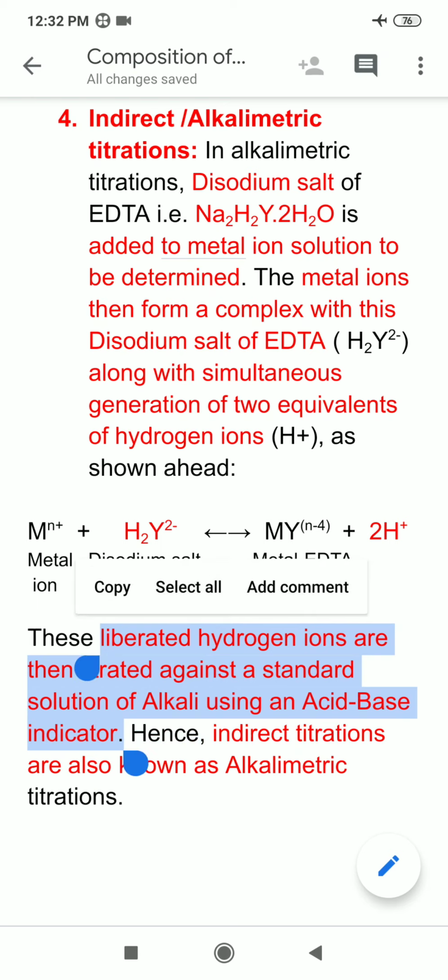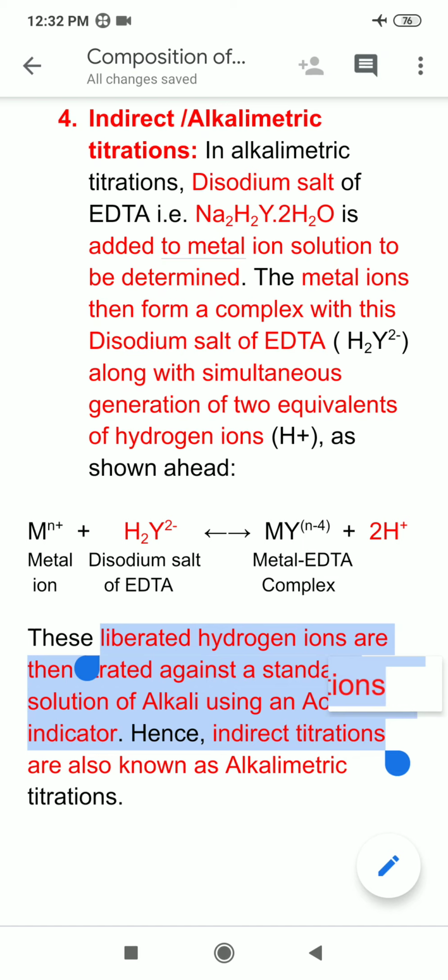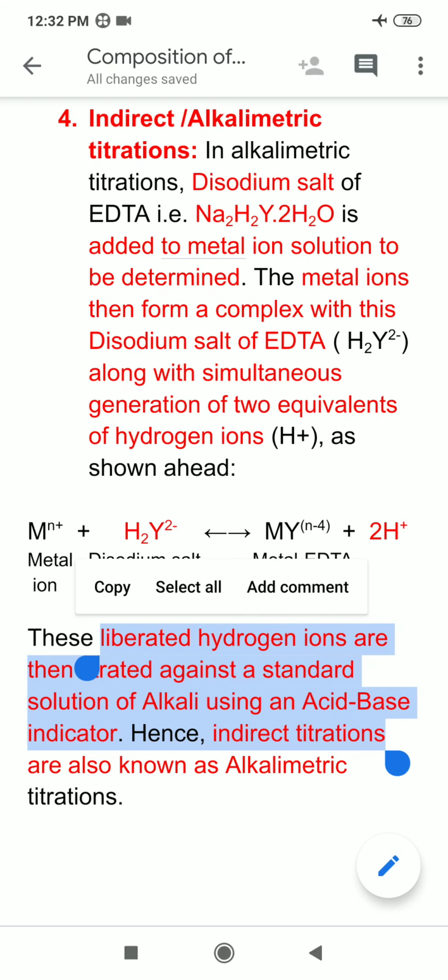Hence, we can determine indirectly the amount of metal ion present in a solution, because one metal ion is producing 2 equivalents of protons. So by applying calculations, we can determine the amount of metal present in a solution.